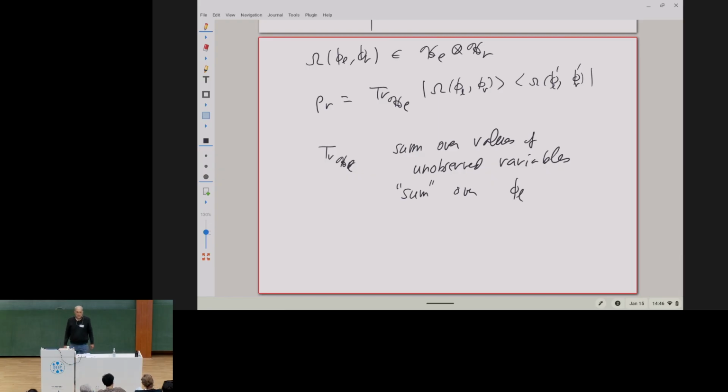But taking the trace means that you set it equal in the bra and the ket, and then you sum or integrate over it. So the density matrix we want will be a function of phi right and phi right prime that we get by integrating over phi left in this pure state density matrix.